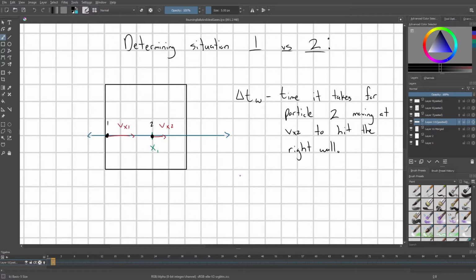And now I'm going to define another time, delta t12. This is the time it takes for particle 1 to hit particle 2.